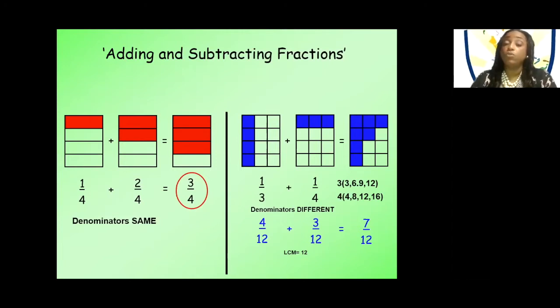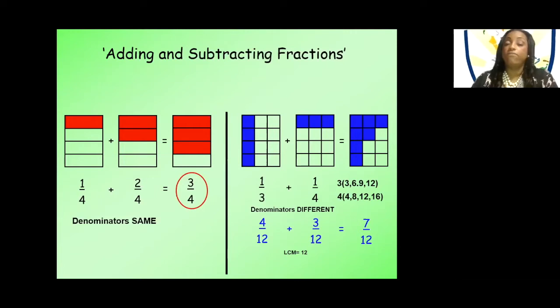You want to see how many groups of 4s you can get out of 12. In this case, 3. So you want to multiply your numerator for that part of the fraction by your answer. So 1 times 3 is 3. Then once you reach this stage, you just do as the sign suggests.